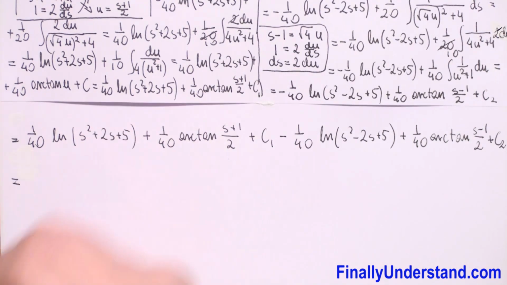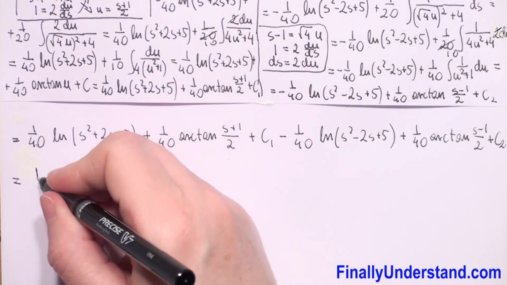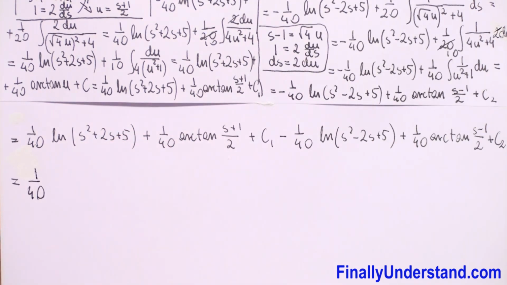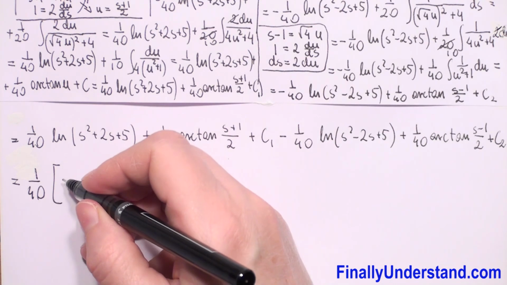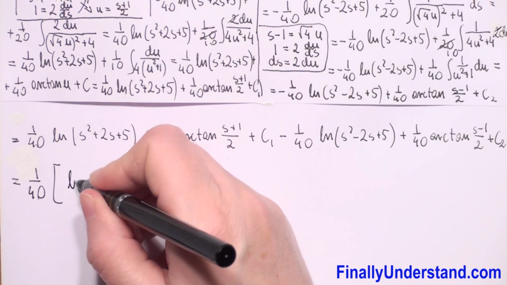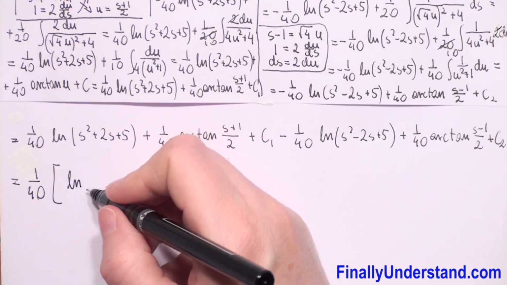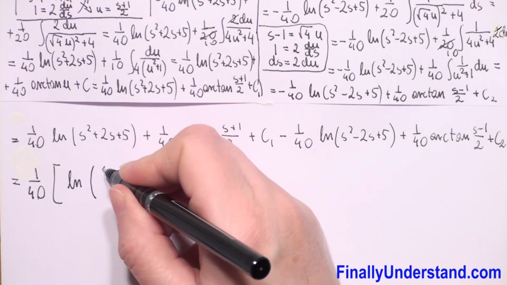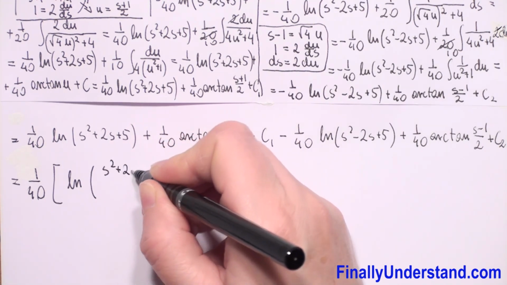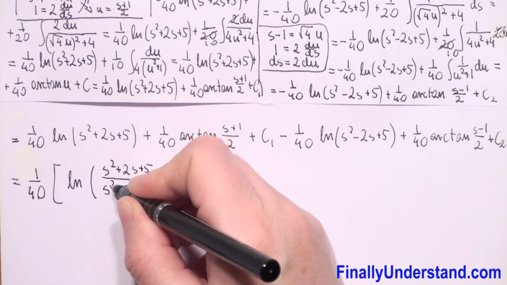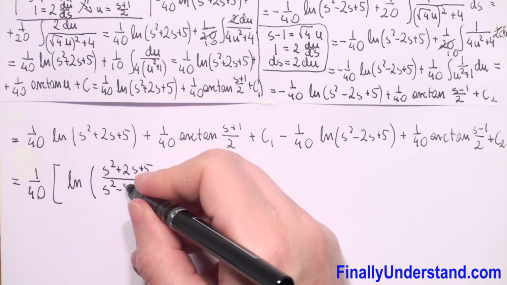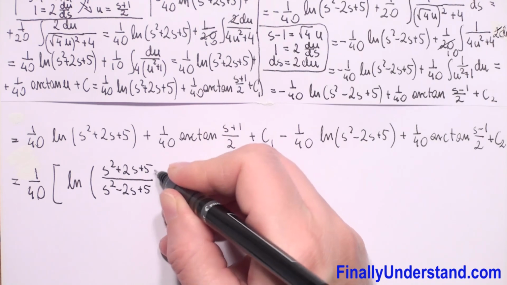So this is equal to, we can factorize 1 over 40, and we will have in brackets natural logarithm, and we will have minus natural logarithm. So we will use the property of logarithm and rewrite this as the natural logarithm of (s squared plus 2s plus 5) over (s squared minus 2s plus 5).